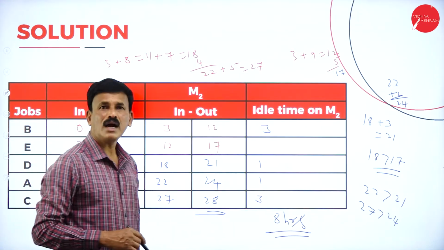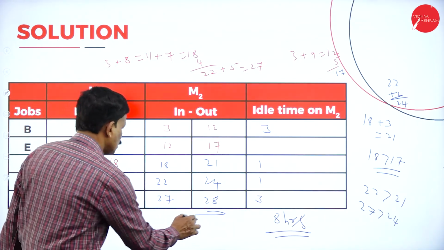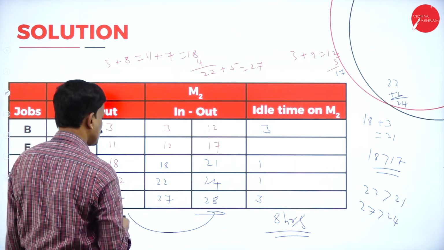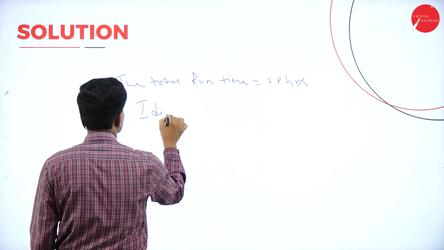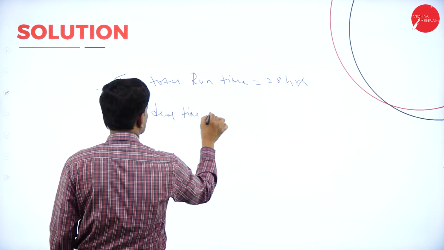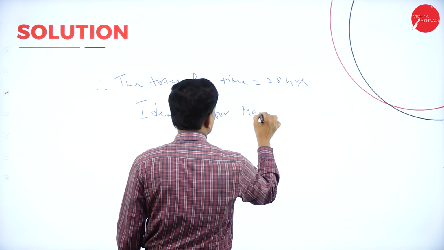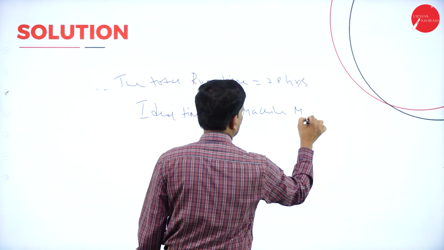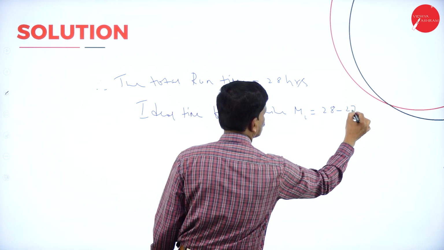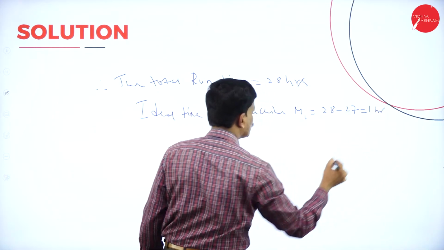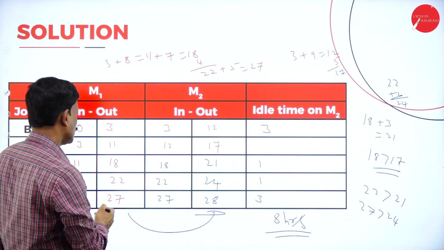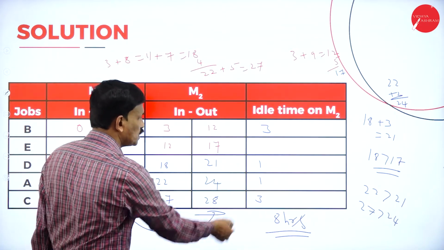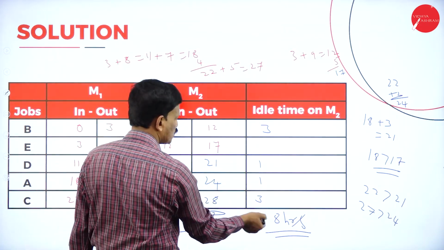Okay, then ideal time for machine M1 is nothing but the difference between these two, 28 minus 27. Ideal time for machine M1 is equal to 28 minus 27, that is equal to 1 hour. See, initially it has to wait for 1 hour. Next is the ideal time for the machine M2, which will be 3 plus 1 plus 1 plus 3.